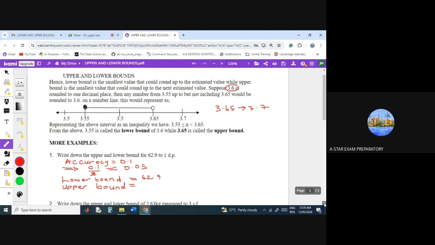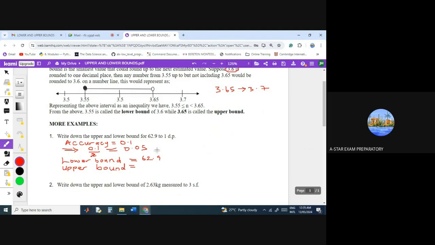So we quickly take a look at some examples to see how this is done. The first one says we should write down the upper and lower bound for 62.9 to 1 dp. Accuracy is important, 0.1 because it's to 1 dp. So we divide by 2 to give us the highest level of accuracy we could get from that, which is 0.05.